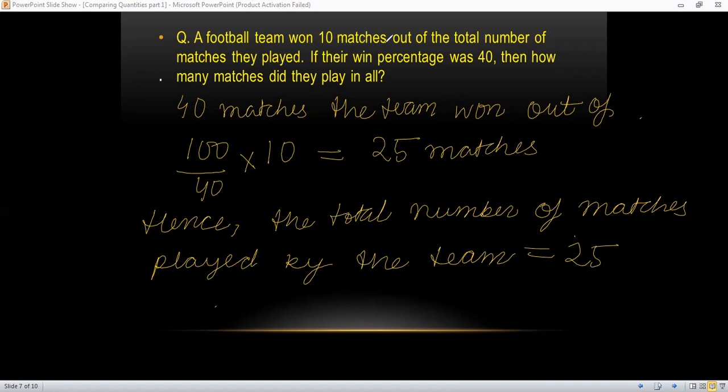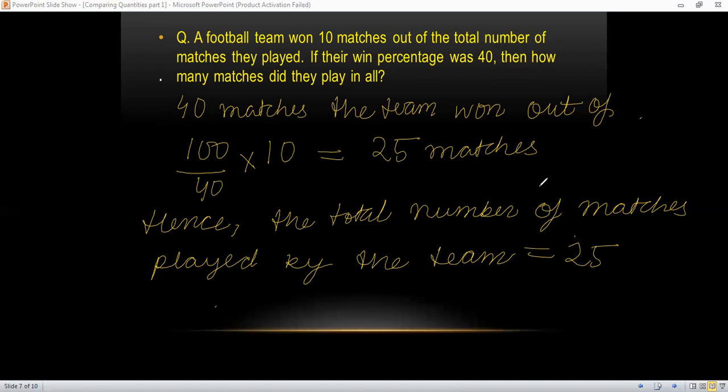They have won 10 matches out of the total number of matches they played. So this percentage has been given, that 40% of total matches they have won.